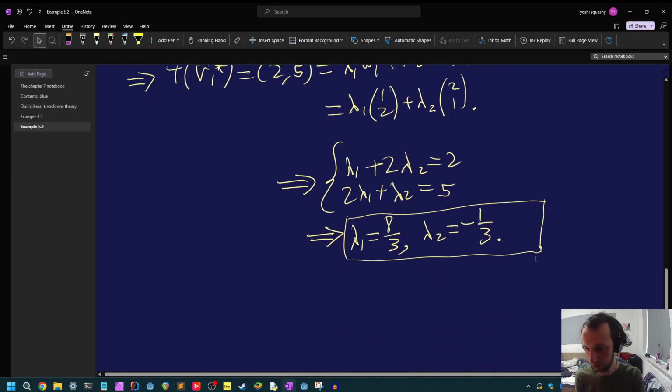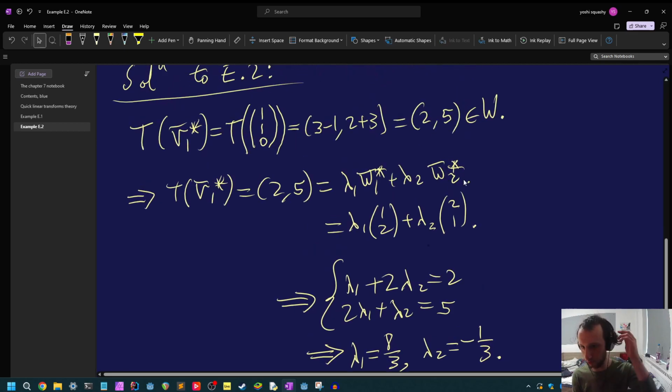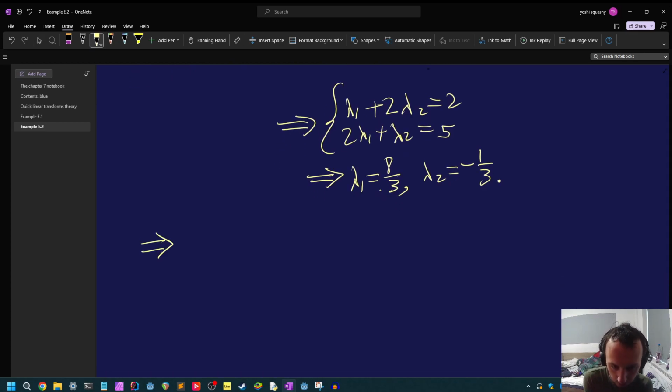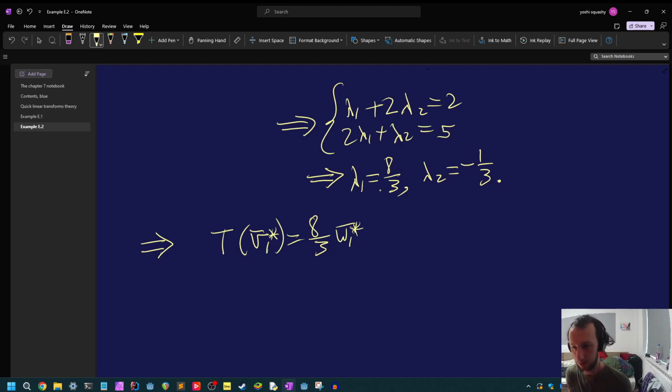Actually, let's substitute it back in, because this is more useful to us, this form here. Now we know lambda 1, lambda 2, we can rewrite that, and we'll put that in a box. So this implies that T of V1 star equals 8 over 3 W1 star minus 1/3 W2 star.